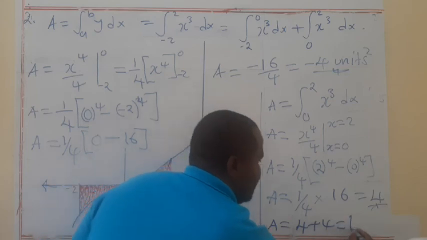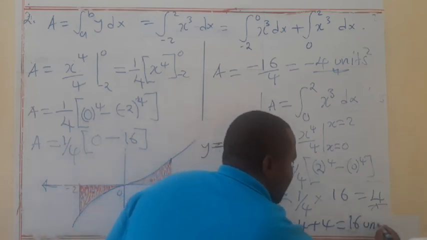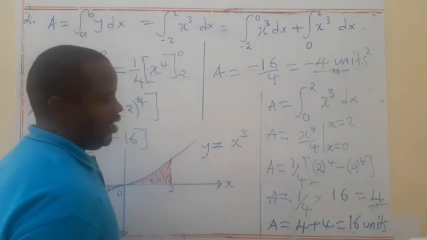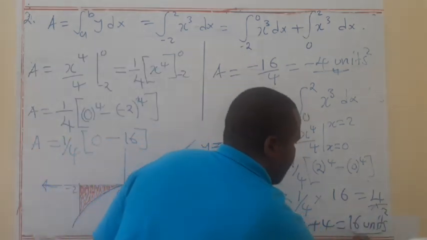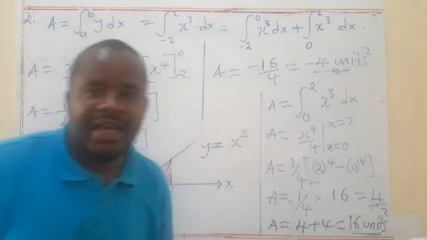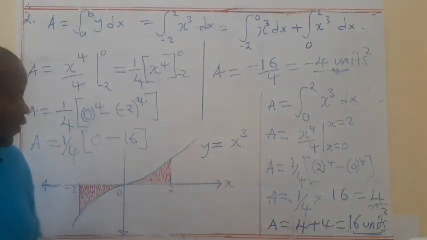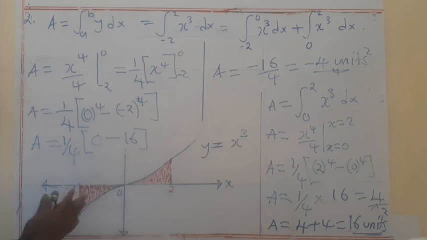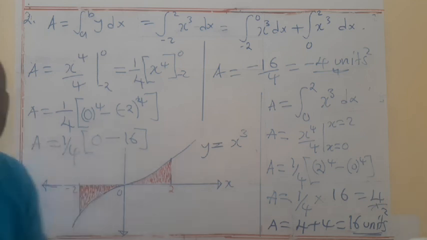And the answer is 16 square units. That is our answer. I hope that is clear. So sometimes you have to be careful, otherwise you might just get it wrong somewhere. So segmenting it helps you to get the correct answer.